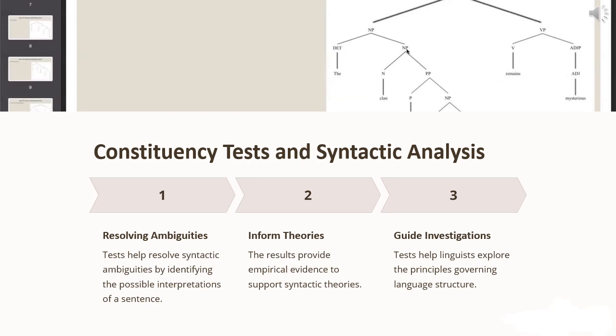By systematically applying these tests to linguistic data, researchers can explore the various ways in which words and phrases combine to form meaningful units within sentences. This systematic exploration ensures comprehensive coverage of possible structural configurations and allows for deeper understanding of syntactic patterns.